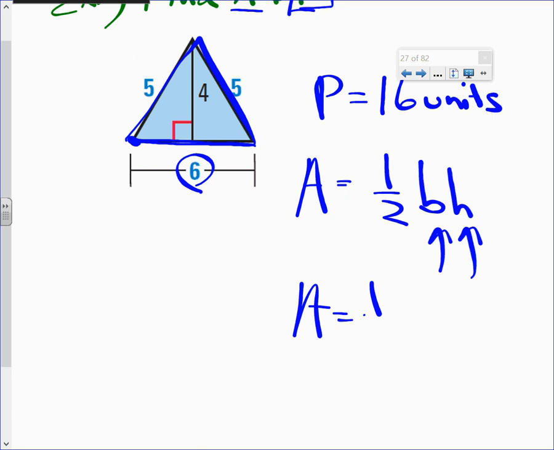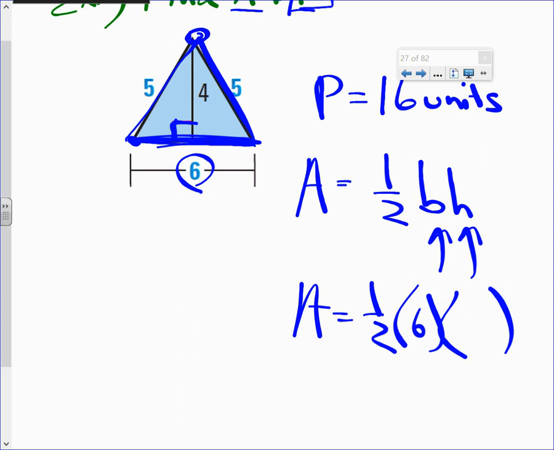Area is 1/2. Ramos, what's my base? Yep. Bottom side, 6. So 1/2 times 6. Ayala, what would be my height? Exactly. We're looking for perpendicularity. 90 degrees, right here. Look at there it is.